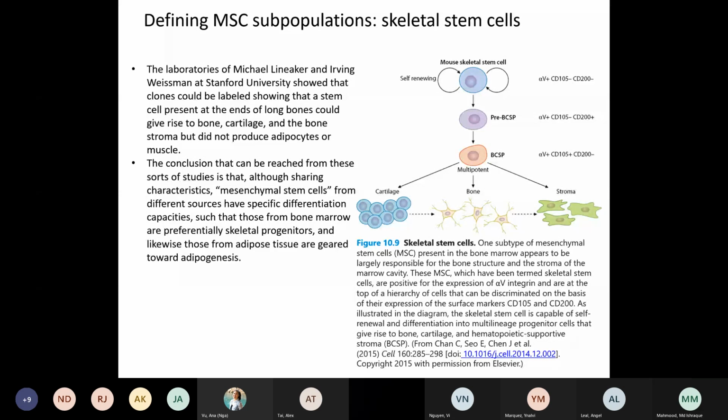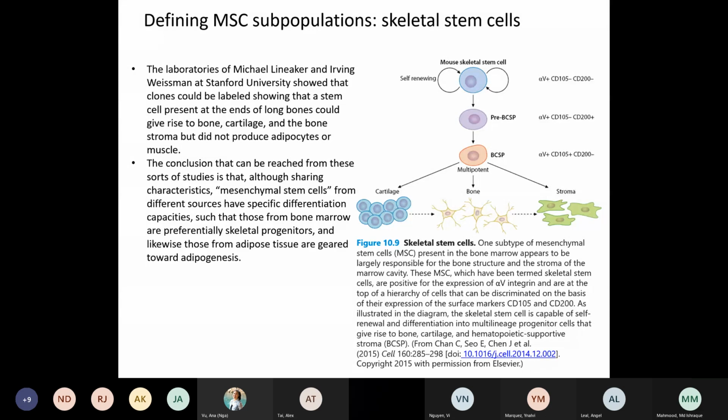This is a long name. It's bone, cartilage, and I don't know how they get that BCSP. Supporting stroma, I couldn't figure out, but that's the name they give to these cells. It's a multipotent cell population that eventually can give rise to cartilage, bone, and stroma. The stroma means supporting cells in the bone marrow.